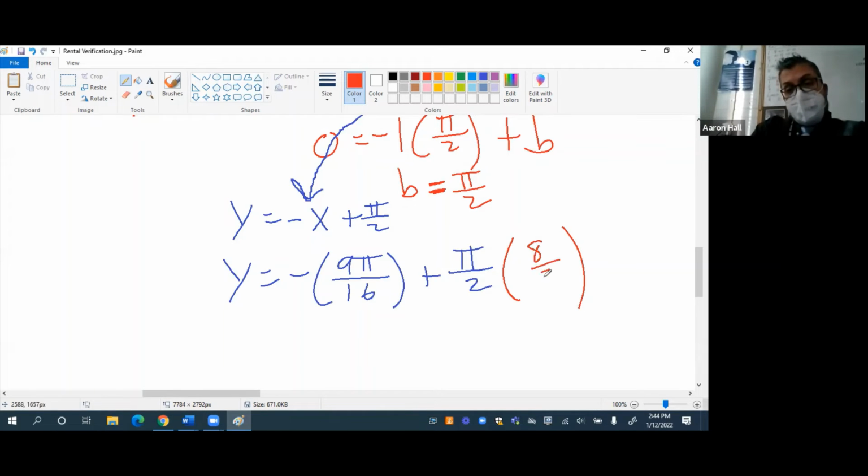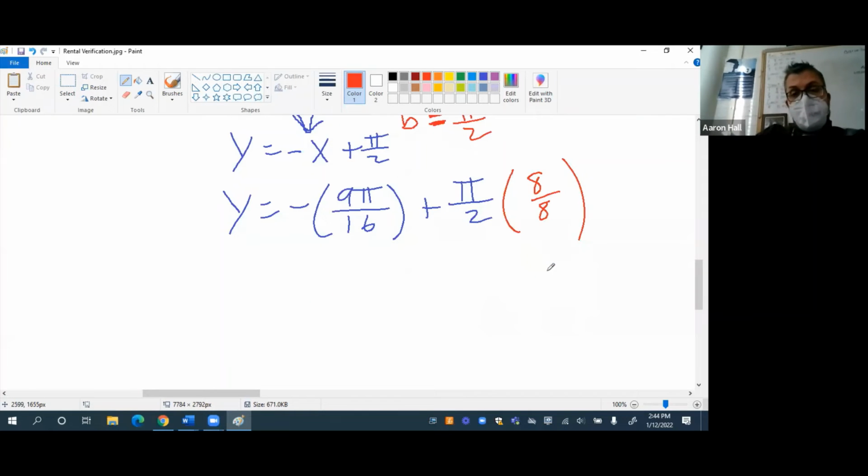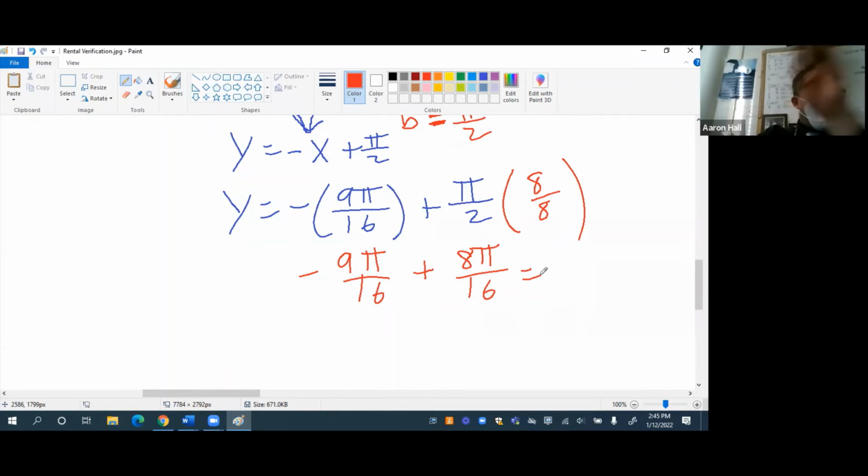Yeah, we're going to multiply by 8 over 8. Those together we'll get pi over 16. Plus or minus? Is it positive or negative? Negative. Yeah, I get negative pi 16ths. There you go. That's the answer.